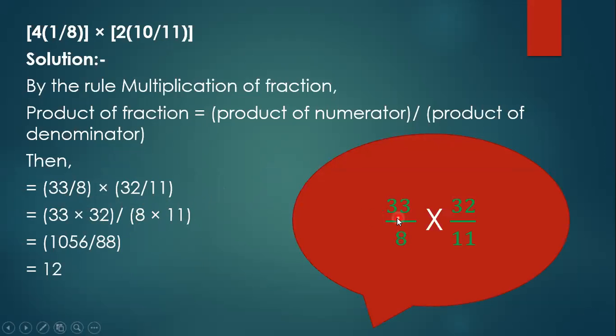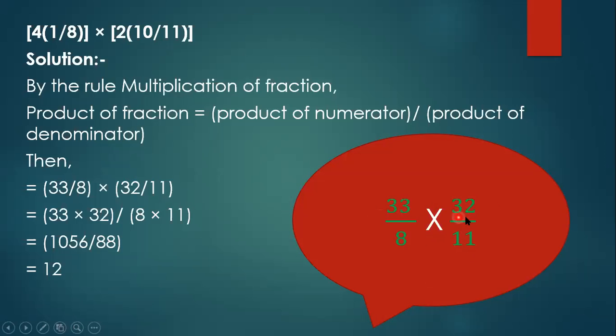What I do, I'll write both the fractions this way, 33 by 8 and 32 by 11. Now, children, remember what I told you? While cancelling out, you can only cancel one number from the numerator and the other one should be from the denominator, right? So what am I going to do here, children? You can see 33 and 11. They both can cancel out by 11.